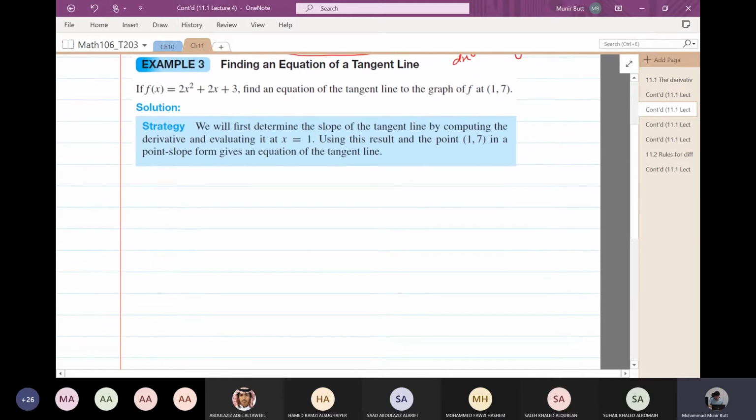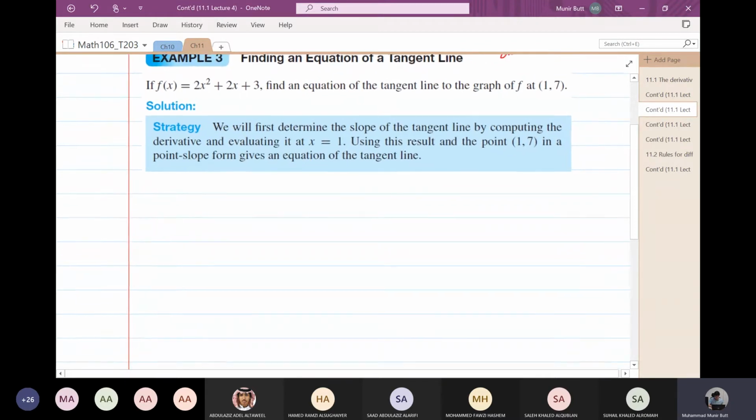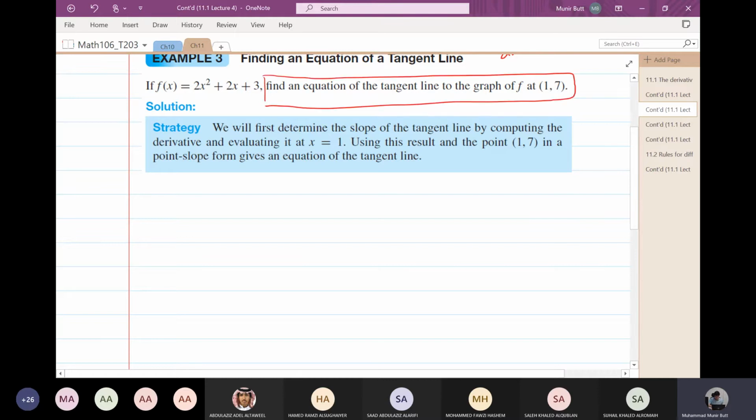Okay, so now let us focus on this example. It says we are given the function f of x is equal to x square plus 2x plus 3. Find an equation of the tangent line to the graph of f at the point (1, 7).